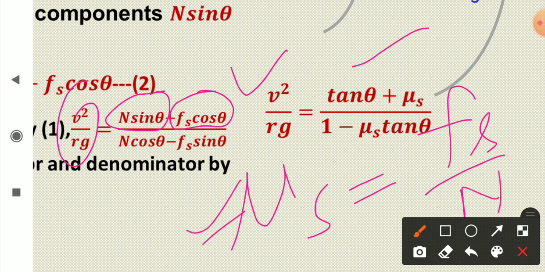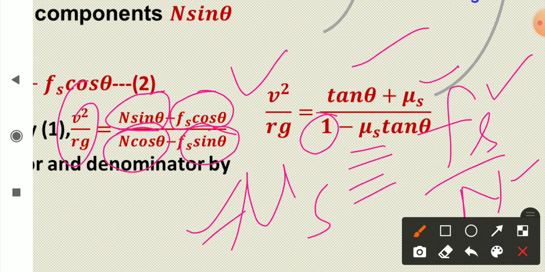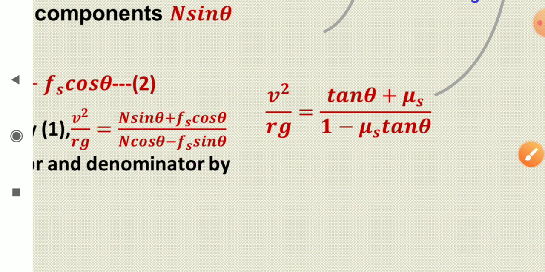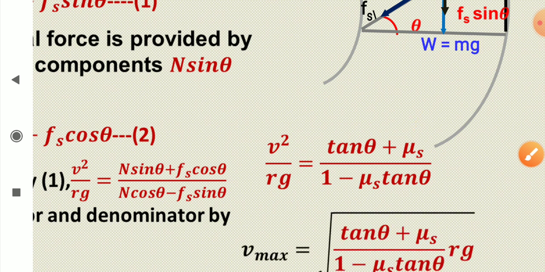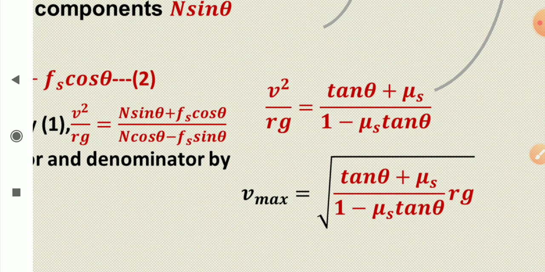Coefficient of static friction is frictional force upon normal reaction. So fs upon n will give you mu s. Then in the denominator n cos theta upon n cos theta will give you 1, and from this term fs upon n will give you mu s, and sin theta upon cos theta will give you tan theta. So in this way you get this relation.